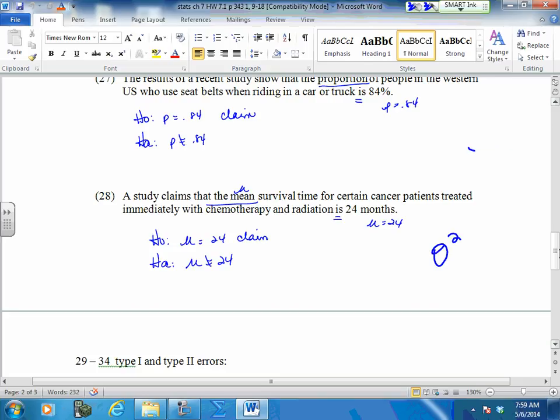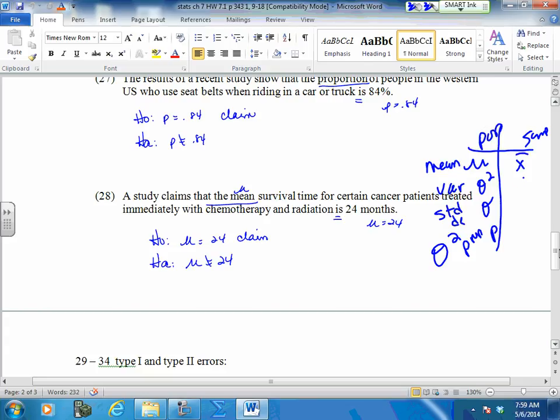All your symbols. Mean, this is for your population. Mean, variance, standard deviation, it's just the sigma, and proportion, proportion is just the p. The sample, for when you test against your sample, is x bar, s squared, and p hat.